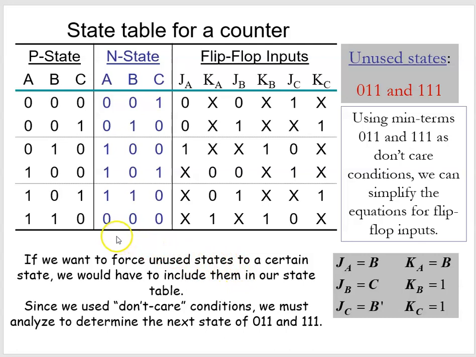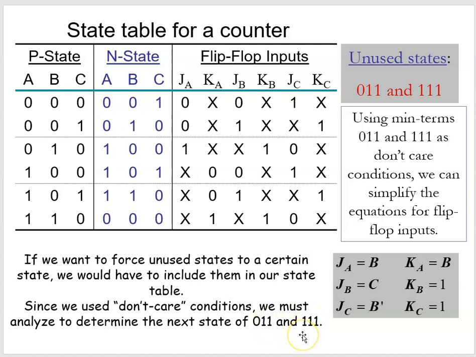If we don't use don't care conditions for these scenarios, then we could end up with more difficult equations for JA, KA, JB, KB, JC, and KC. So we don't necessarily want to have to force it back to state 0.